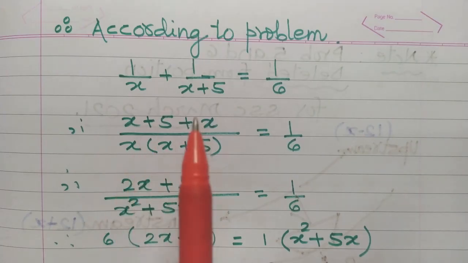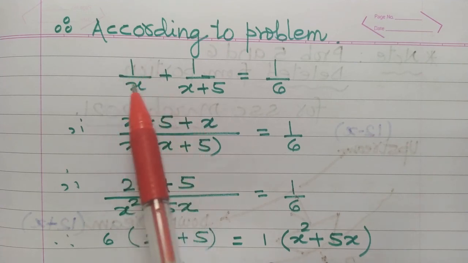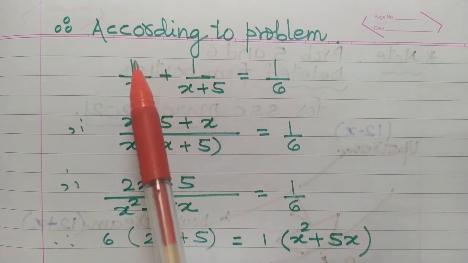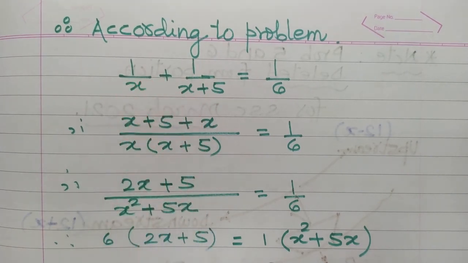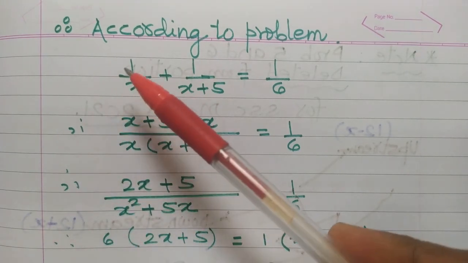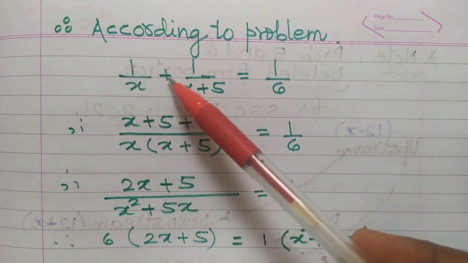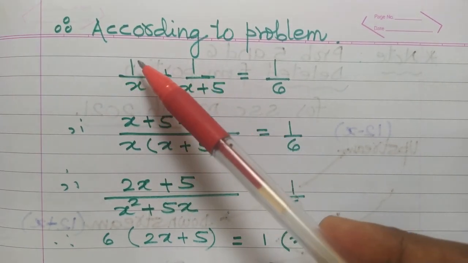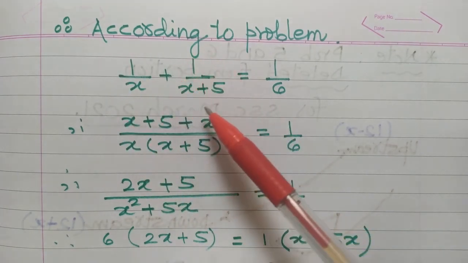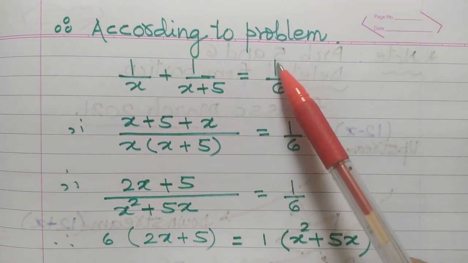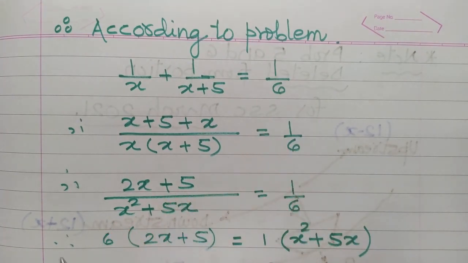So according to the problem, the sum of the reciprocals of the ages, reciprocal meaning the inverse. So it will be 1/x plus 1/(x plus 5). Reciprocal of Kishore's age plus reciprocal of Vivek's age is equal to 1/6 according to the problem.